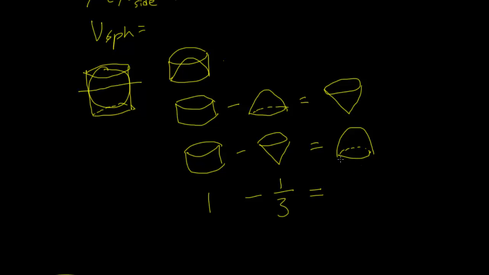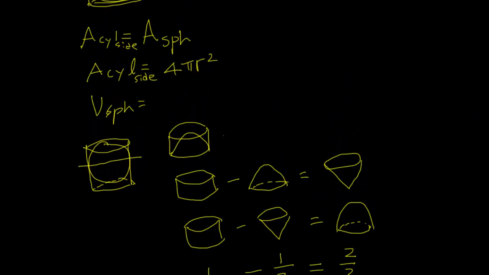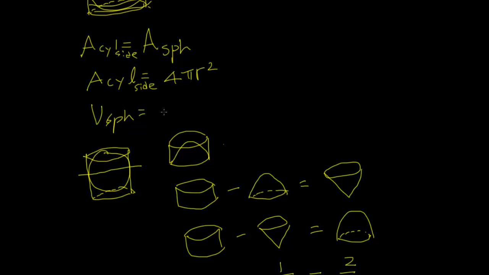Then the volume of the sphere is going to be 2/3 of this cylinder. So we could say that the volume of a sphere is equal to 2/3 of the volume of a cylinder.